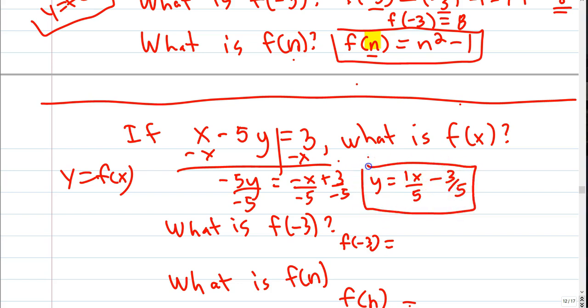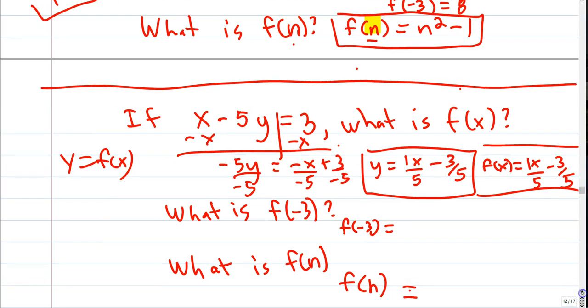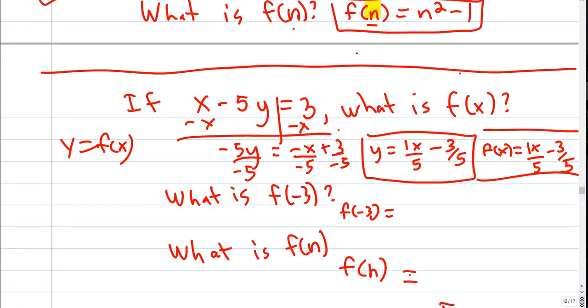That's not our answer, right? They want to know what's f of x. Replace the y with an f of x so that f of x is 1x over 5 minus 3/5. Okay? So what is f of negative 3? Well, f of negative 3 means I'm now plugging a negative 3 in place of the x here.